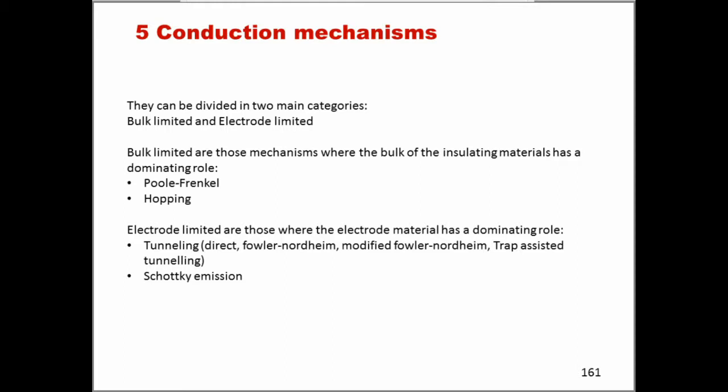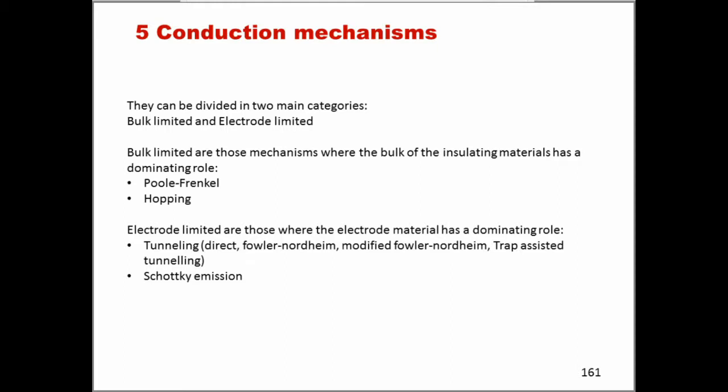Now we have had the chance to see up until now that devices we had a look at, under certain biasing conditions, will pass some current through, which can be large, small, and so on.